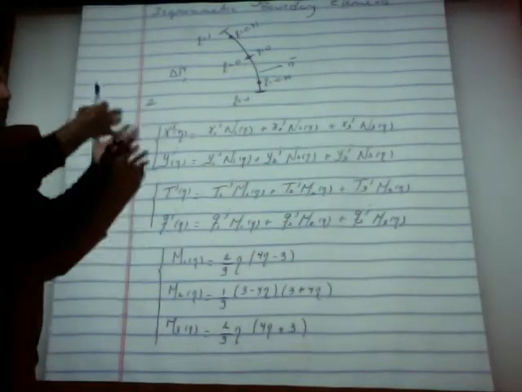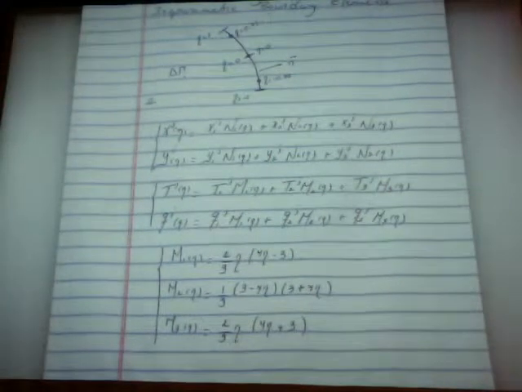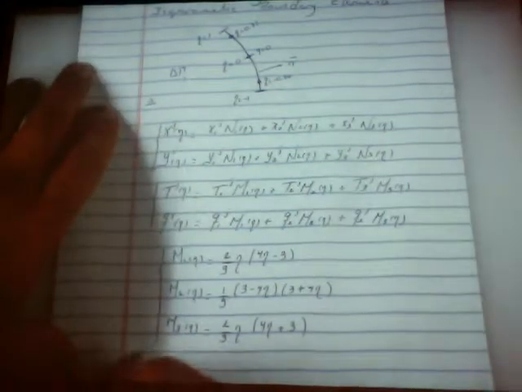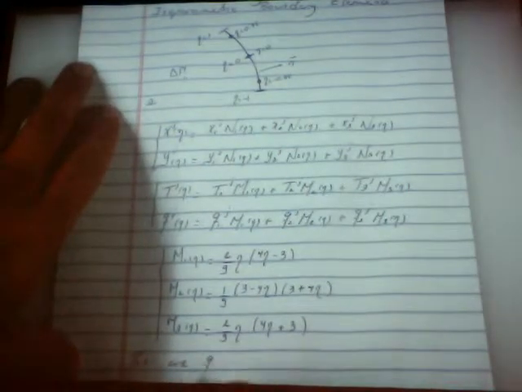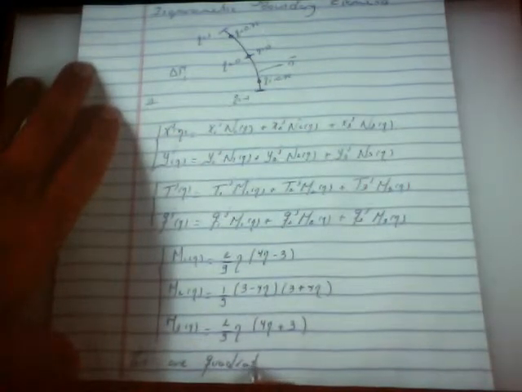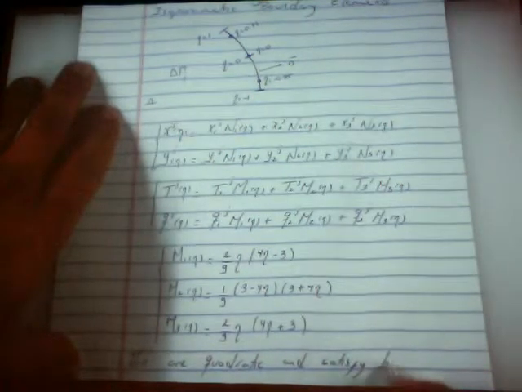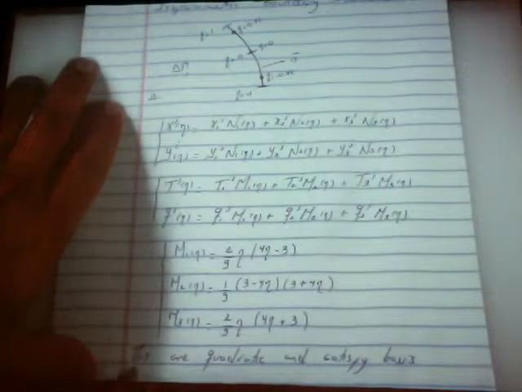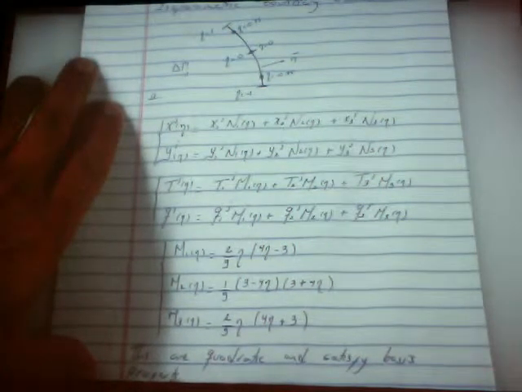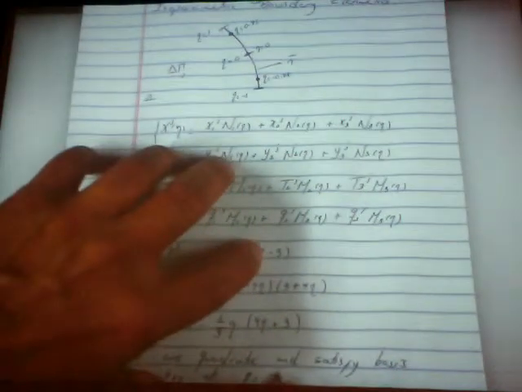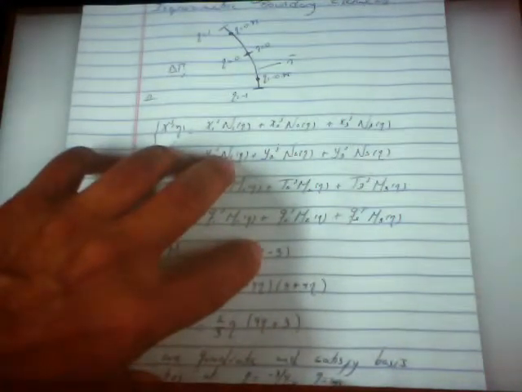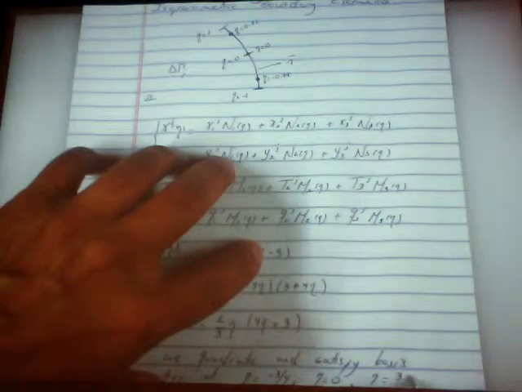So they satisfy basis properties. These are quadratic and satisfy basis properties at eta equals -3/4, eta equals 0, and eta equals 3/4.